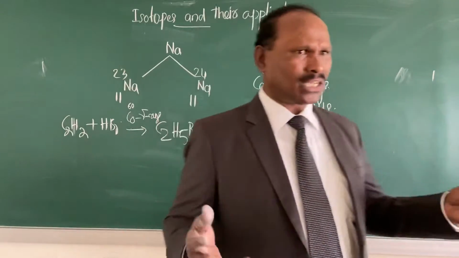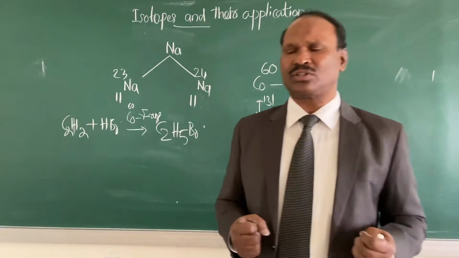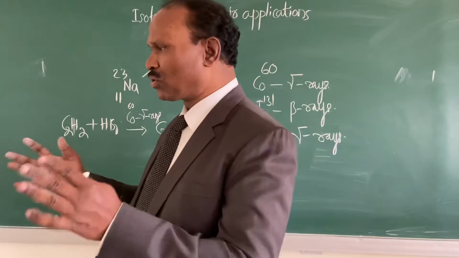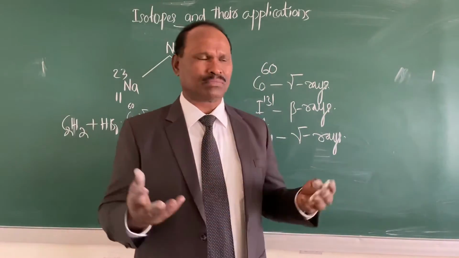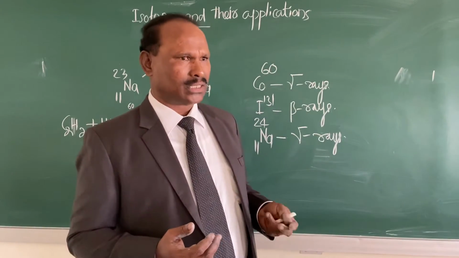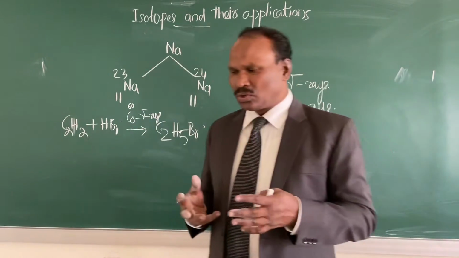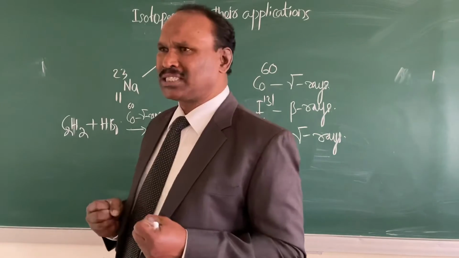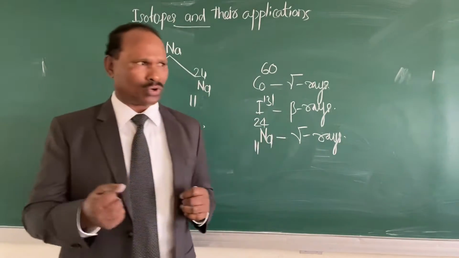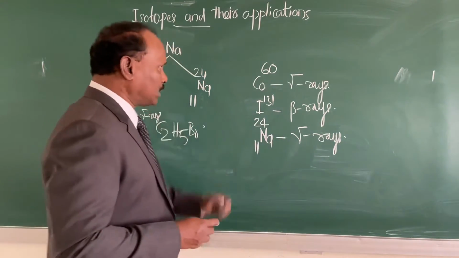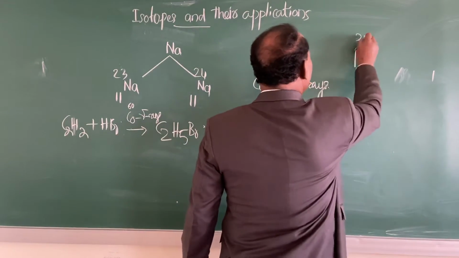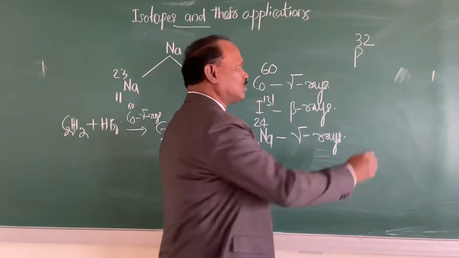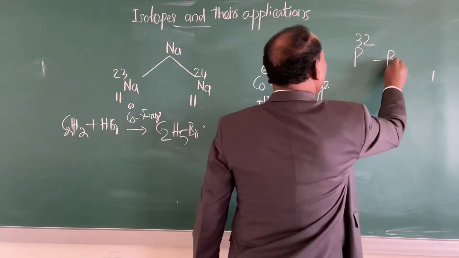Then in agriculture also we use radioactive isotopes. To grow plants we use fertilizers, phosphatic fertilizers. Is it okay? To know how much phosphorus is required for the plants to grow, we use the phosphorus-32 isotope, which is radioactive and emits beta rays.